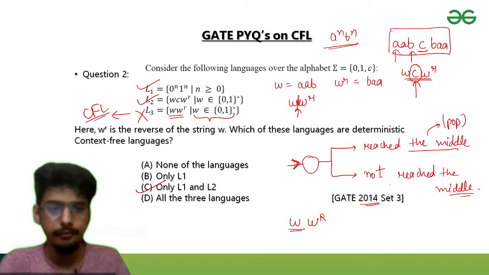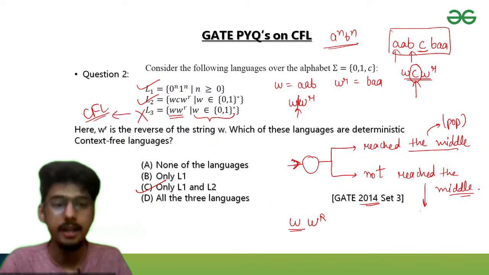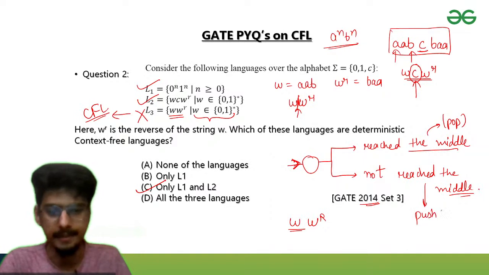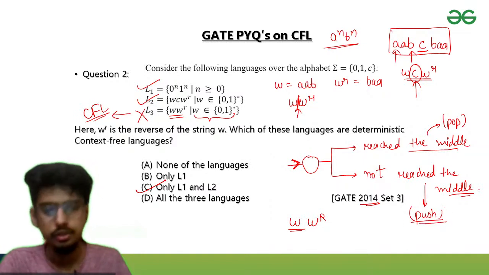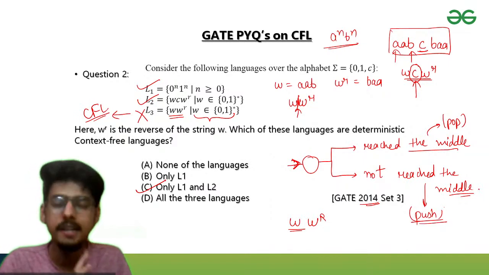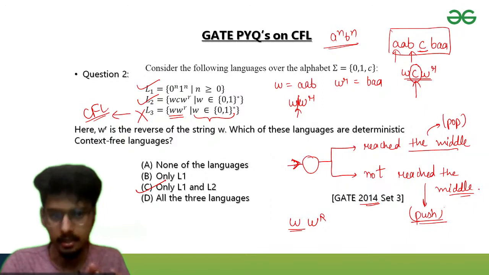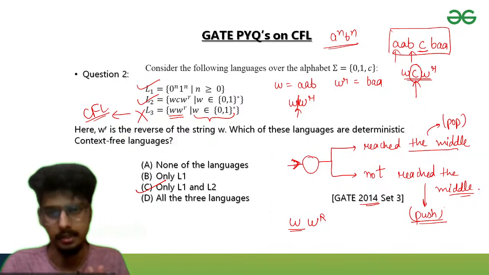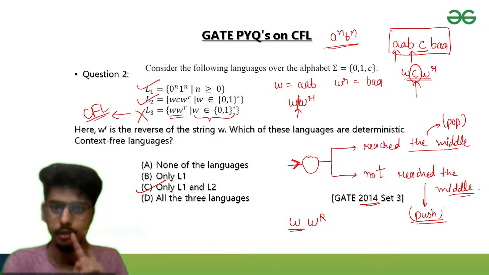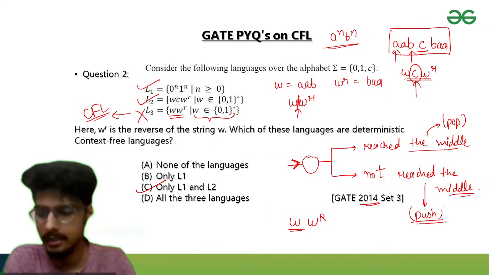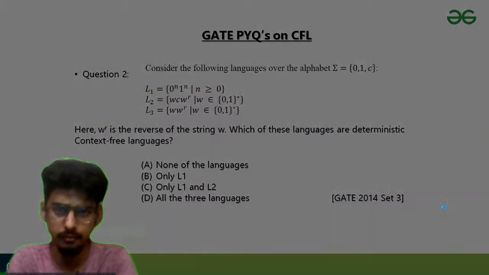So this will definitely be context free, but it will not be deterministic context free, because at every step you will check whether you have reached the middle or not. So at every point you will have two paths to follow. This is how non-deterministic CFL works.